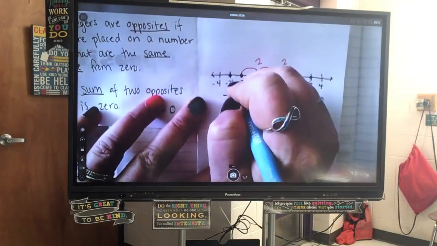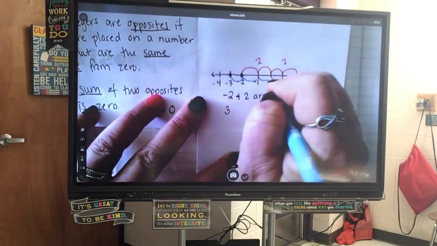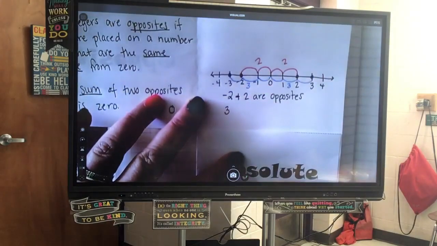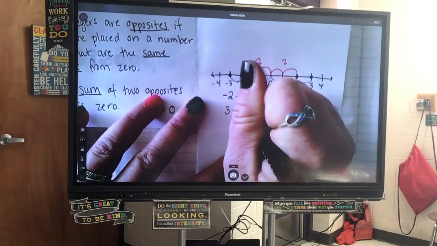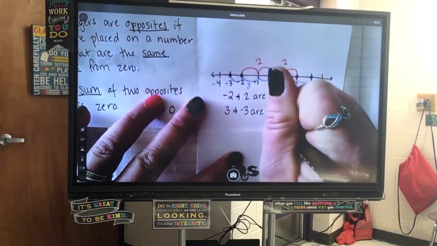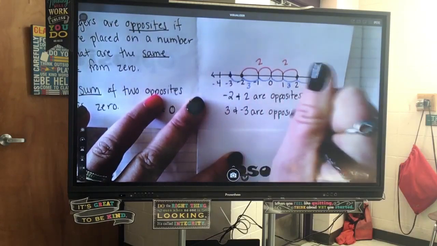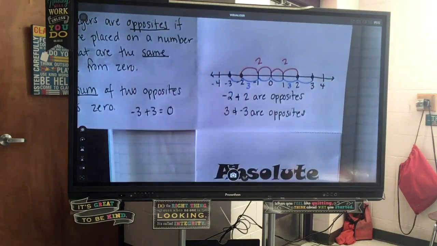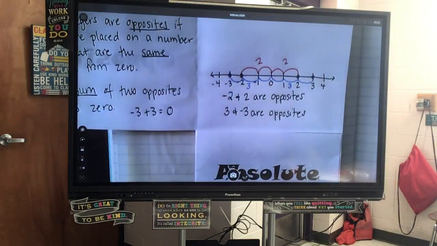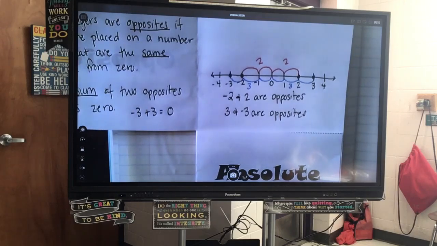And we know that because why, Christiana? Because it takes the same. Right. So 3 and -3 are opposites. And it's the same distance from 0 on both sides of the number line. So that's how we know that they are opposites. Again, this is just kind of reinforcing what we've been talking about the last couple of days. All right, thumbs up when you have this copied down.